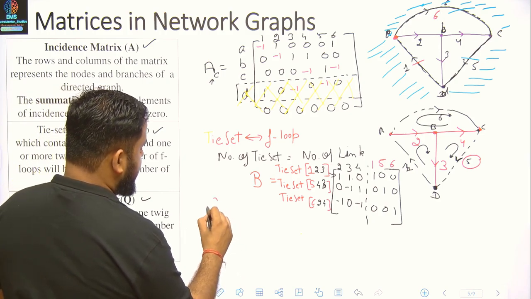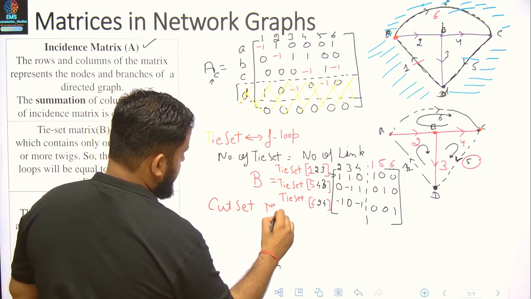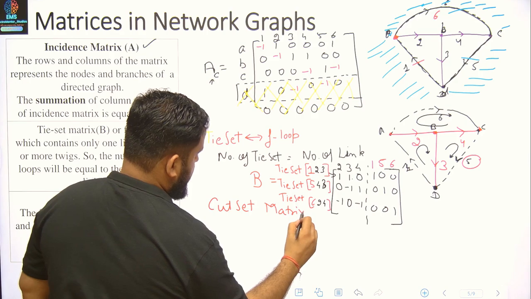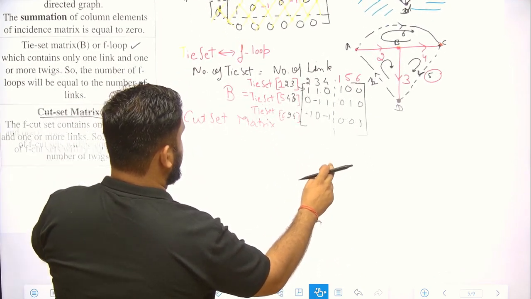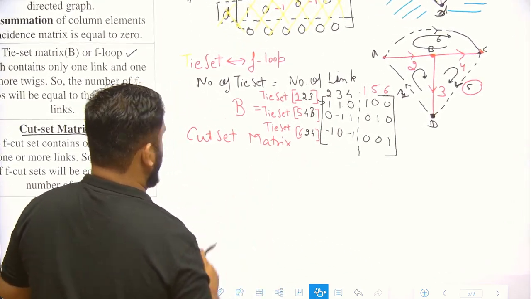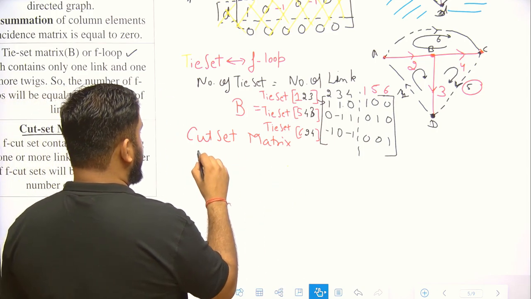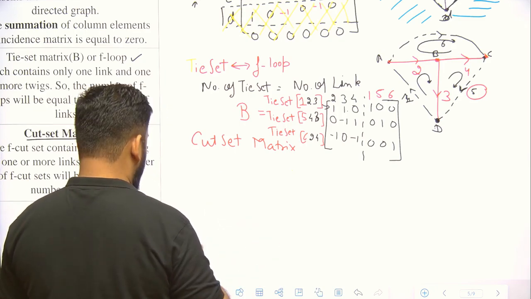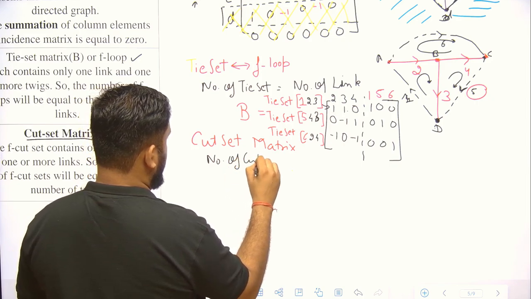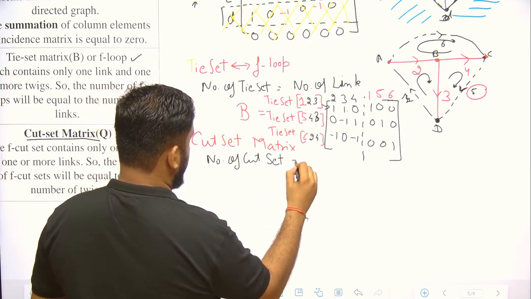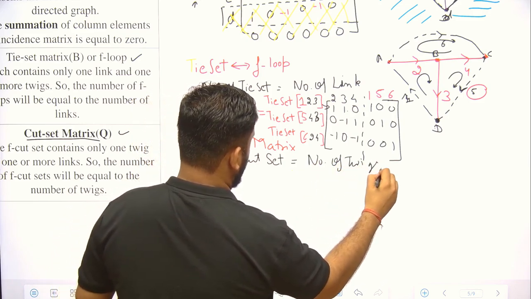Next is cut set matrix. So what is cut set matrix? The number of cut sets is equal to the number of twigs.